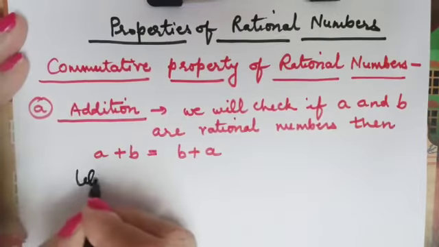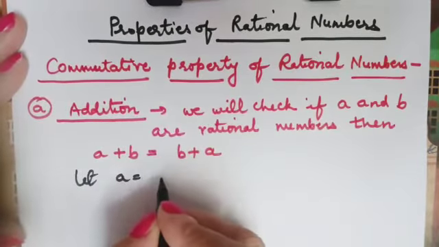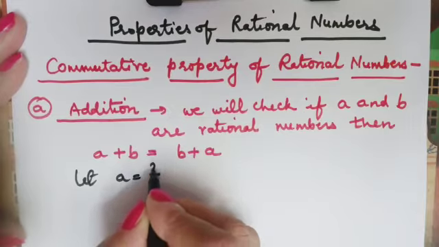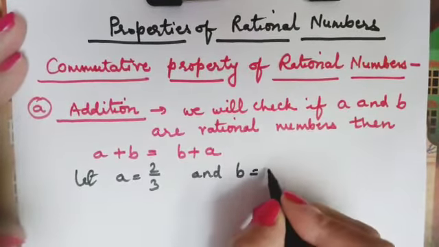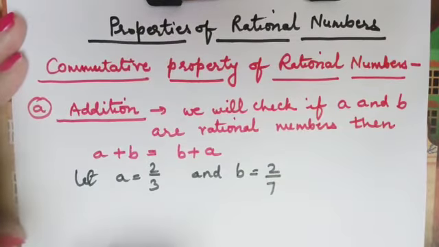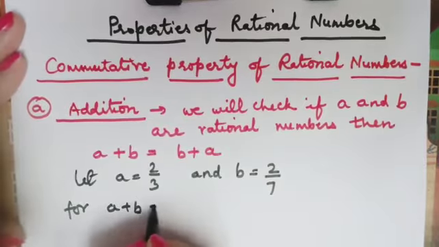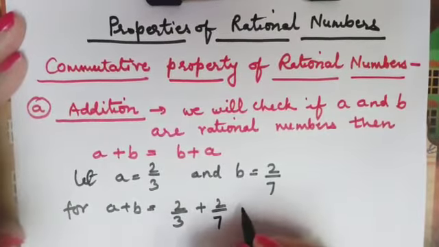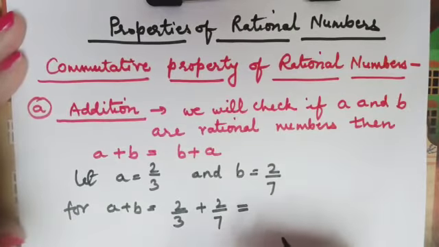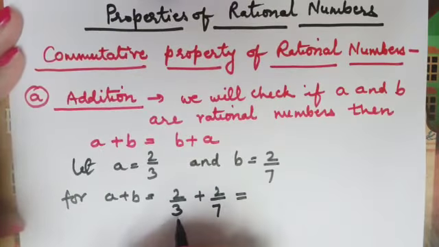Let A is equal to 2 by 3 and B is equal to 2 by 7. For A plus B, 2 by 3 plus 2 by 7 is equal to, we will solve it.